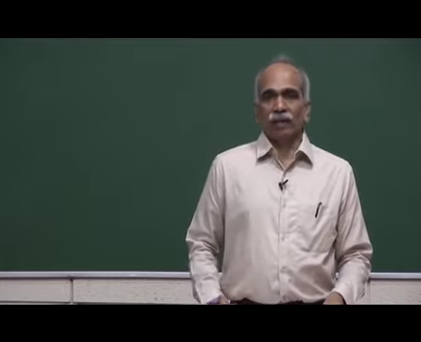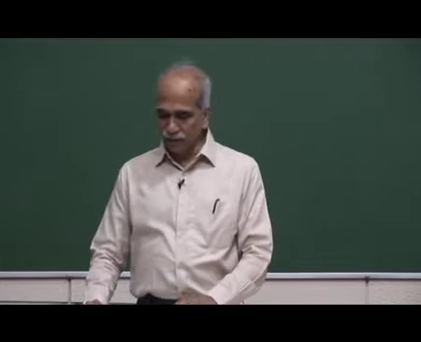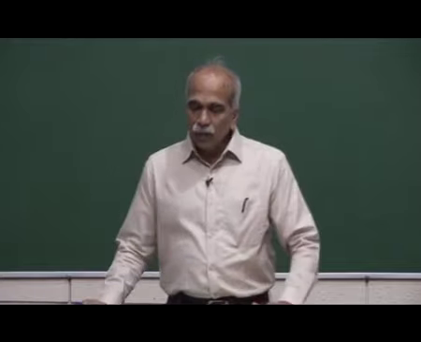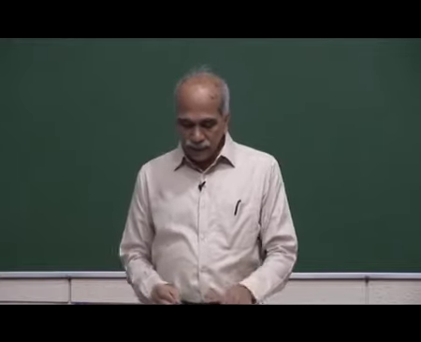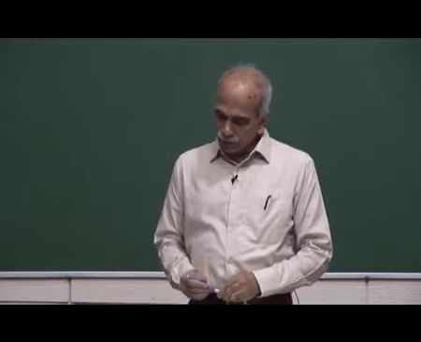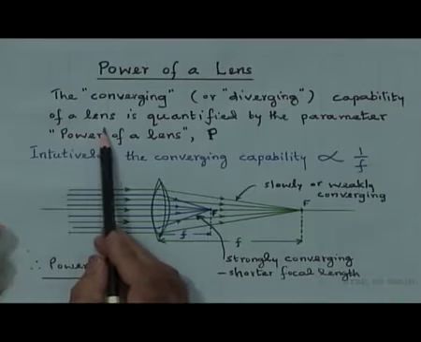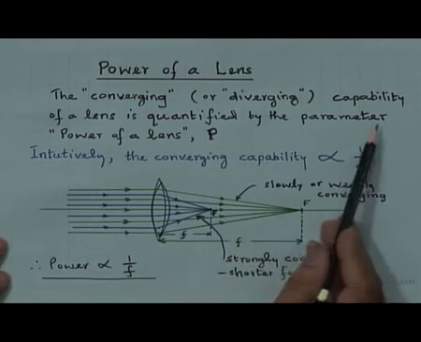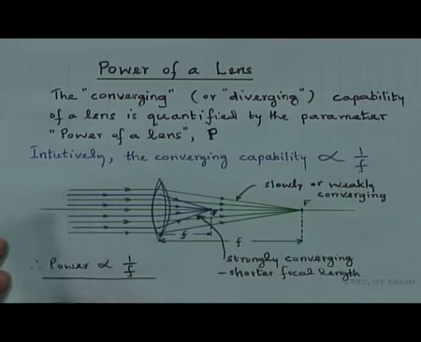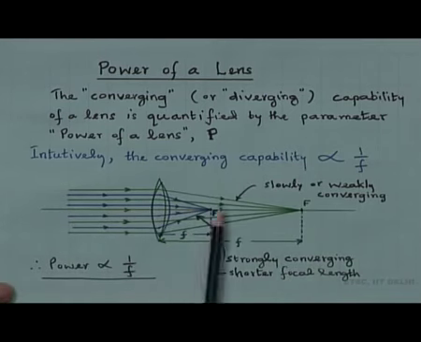What is power of a lens? The converging or diverging capability of a lens is quantified by the parameter power of a lens. What does a lens do? A lens can either converge or diverge a parallel beam.